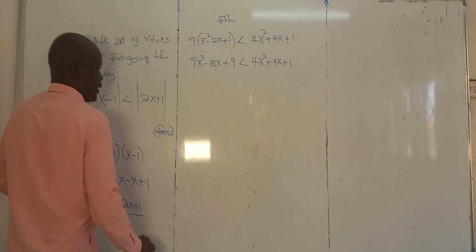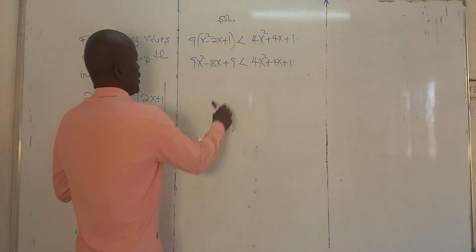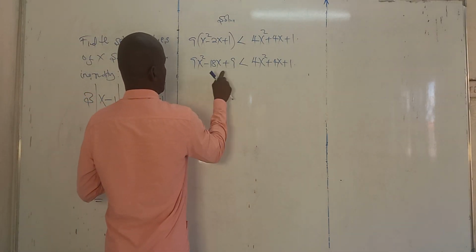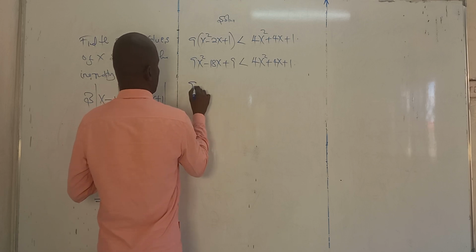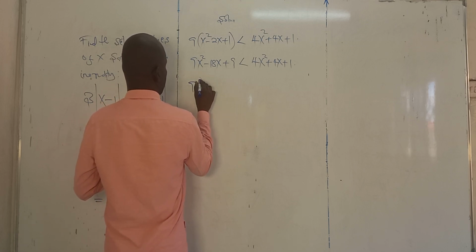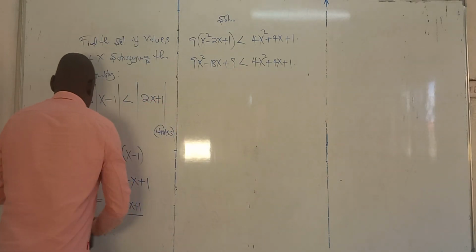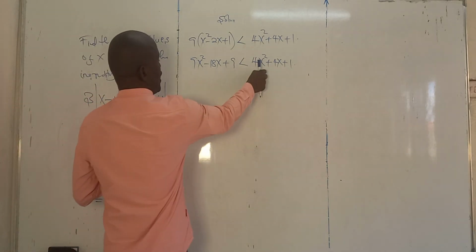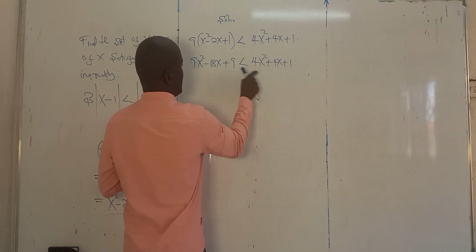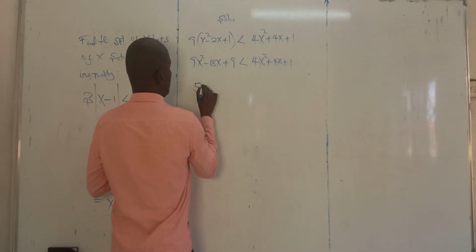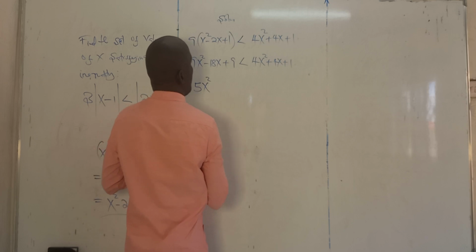Let me just subtract as I write. 9 minus 4 gives me 5x squared.